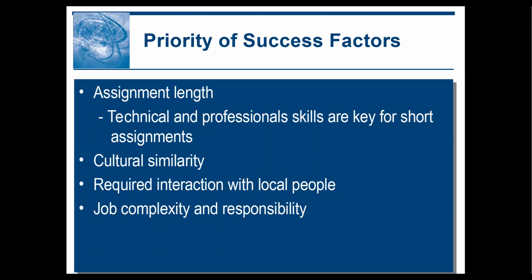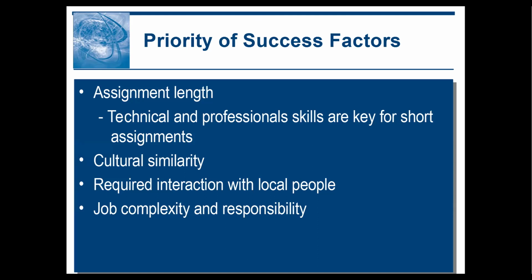And we can also evaluate the expected successfulness by considering some other factors. For example, assignment length: how many years is he or she going to work? What type of technical and professional skills are most important to that position?